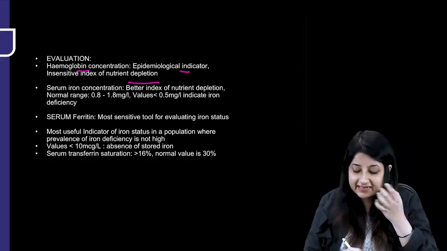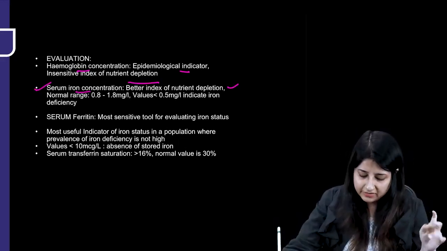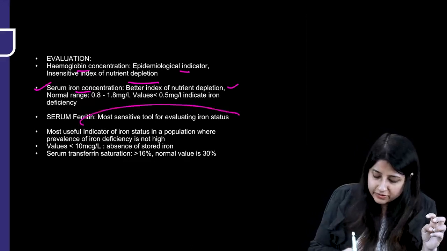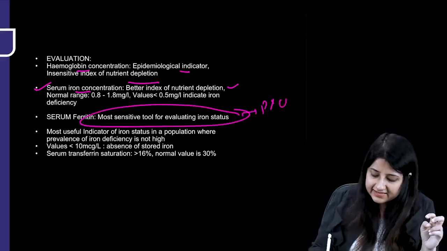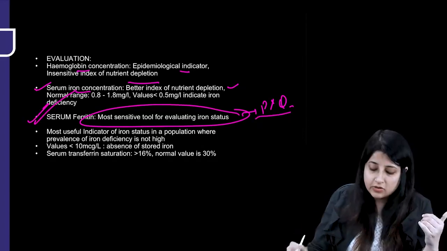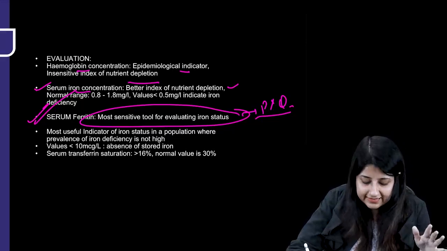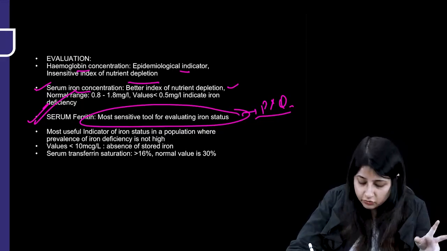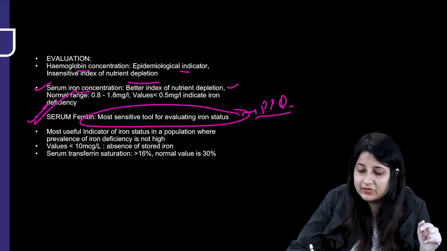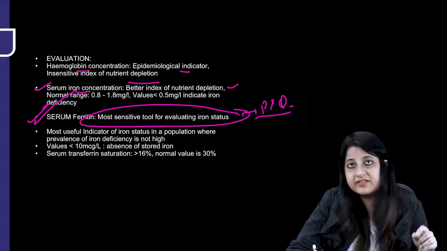The best index of nutrient depletion is serum iron concentration. And this question is a PYQ: which is the most sensitive tool for evaluating iron status? Serum ferritin. So the epidemiological indicator is hemoglobin, for nutrient depletion serum iron concentration, but the most sensitive tool for evaluating iron status is serum ferritin.